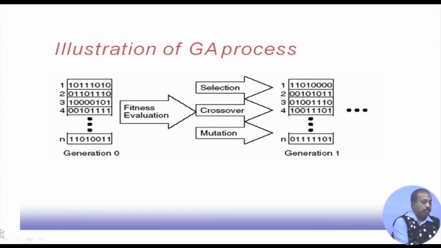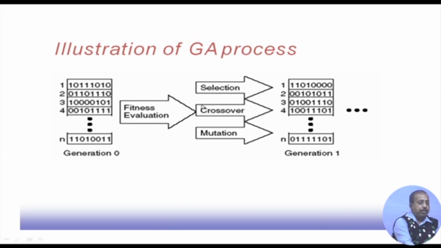So, this is a pictorial description of this genetic algorithm process. In generation 0 we have n individuals, and each individual here is a sequence of bit stream. Each of them goes through a fitness evaluation, so every individual has got some fitness measure associated with it.